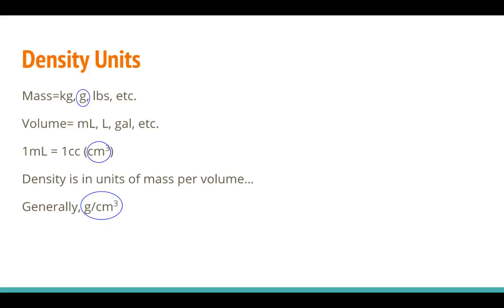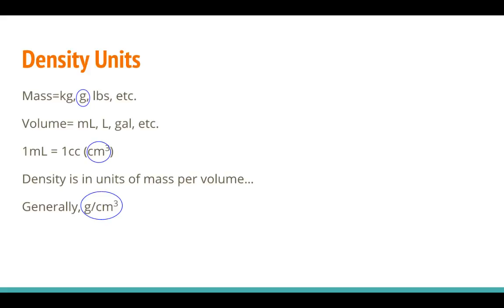One of the most common units for volume is liters or milliliters or gallons. In this case, we're going to use a milliliter, but we're not going to call it a milliliter. Turns out a milliliter is exactly the same as 1 cubic centimeter or 1 cc, which you may have heard in medical terminology. It's how they measure liquids in syringes and stuff.